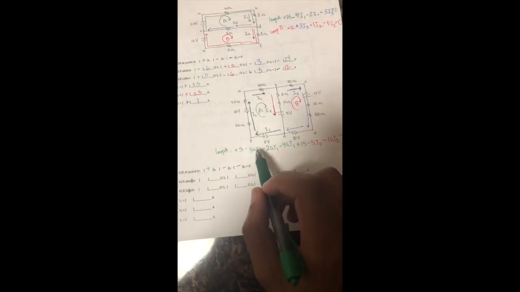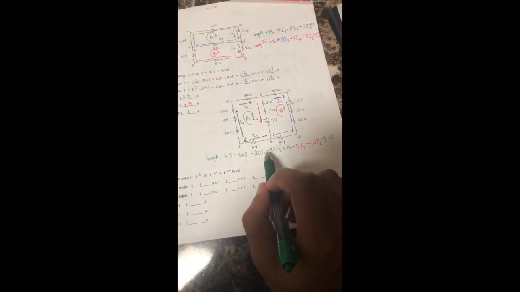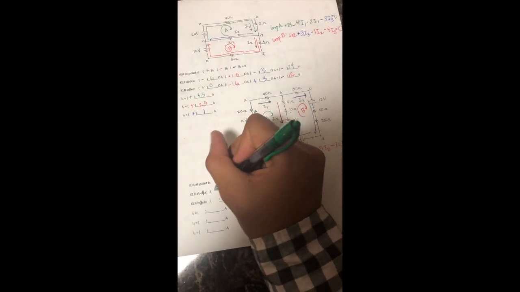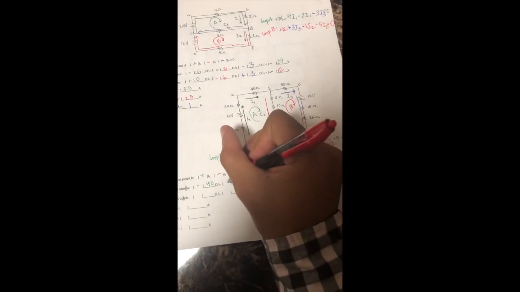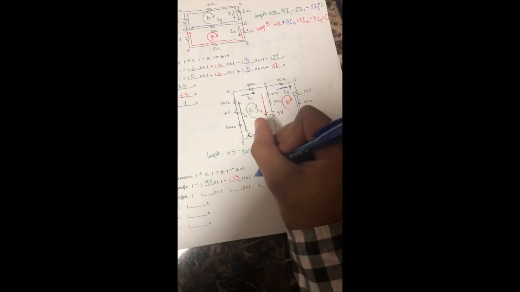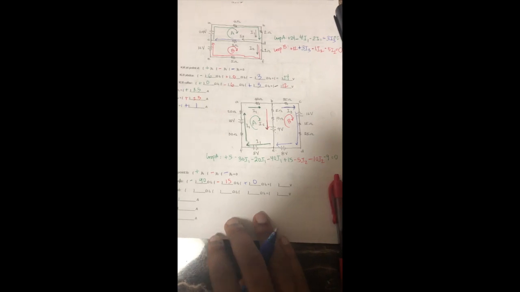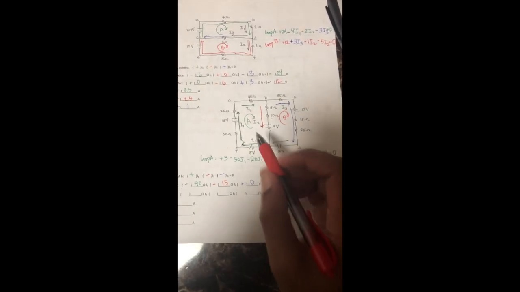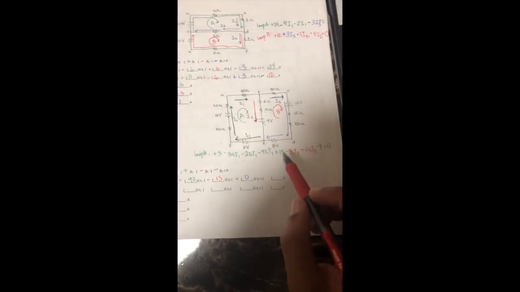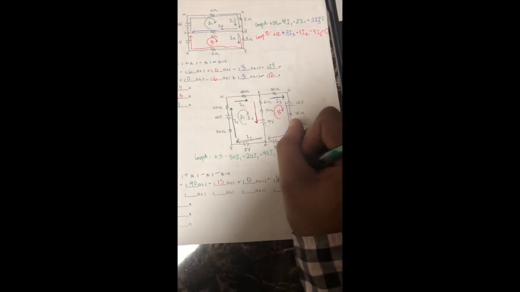So simplifying this, I got -30, -20, and -40 I1, which is -90 I1. And then for I2, I have -5 -10, which is -15. And then there is no current 3 flowing in that loop, so +0 I3. And then I have a 5 + 15, which is 20, and that 20 - 9, which is 11. And when I move that to the other side, it becomes -11.